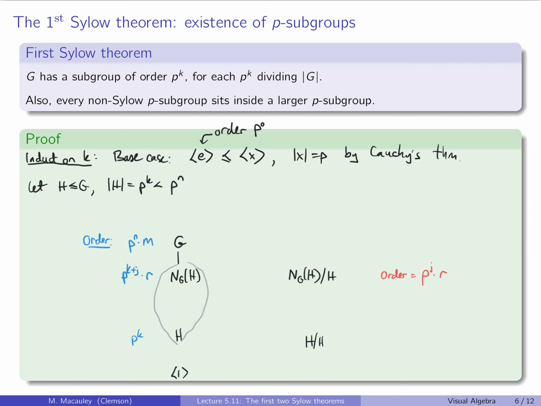So p divides the order of this quotient group, which means that there is an element in this quotient group of order p by Cauchy's theorem. An element of order p means a cyclic subgroup, generated by some coset aH.